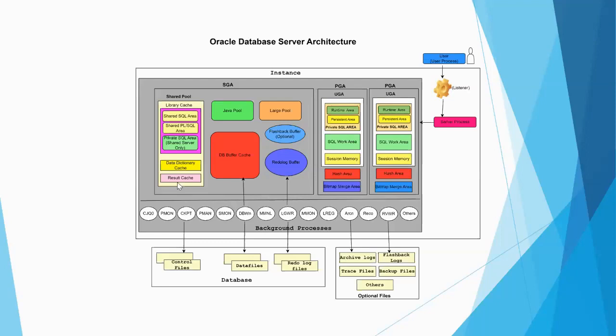You are pretty sure this query is going to be fired again and again, and you don't want the Oracle server to waste its time getting the result set again and again. So that is the purpose of the result cache.